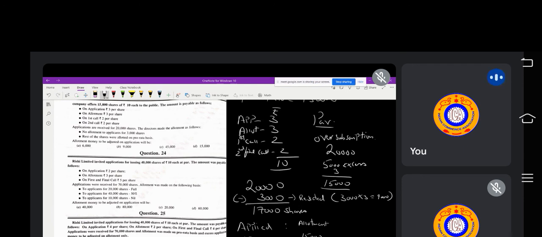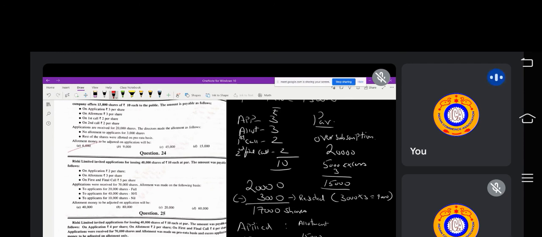So 6,000 is the amount which has to be adjusted on allotment money due. That means it is option A.